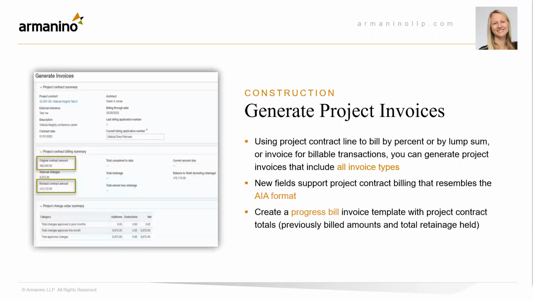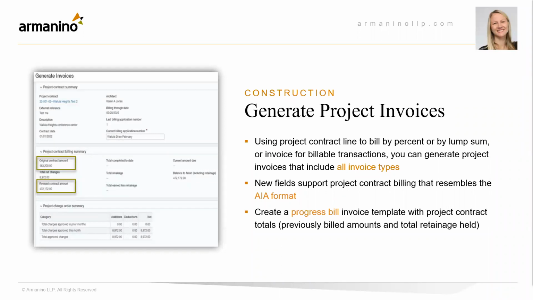All right, generating project invoices. You can use the project contract line to bill by percent or by lump sum, or invoice for billable transactions. You can generate project invoices that include all invoice types as well. Again, it's going to resemble the AIA format, and then you can create a progress bill invoice template with project contract totals.